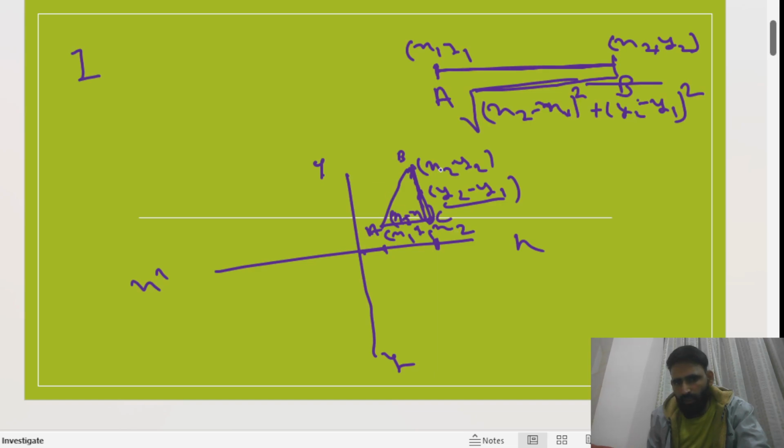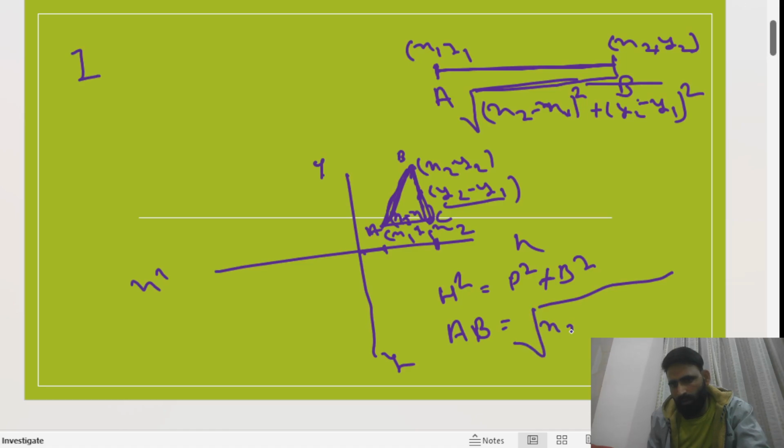For the AB distance we use the Pythagoras theorem: hypotenuse square equals perpendicular square plus base square. So AB, the hypotenuse, equals the square root of x2 minus x1 square plus y2 minus y1 square.